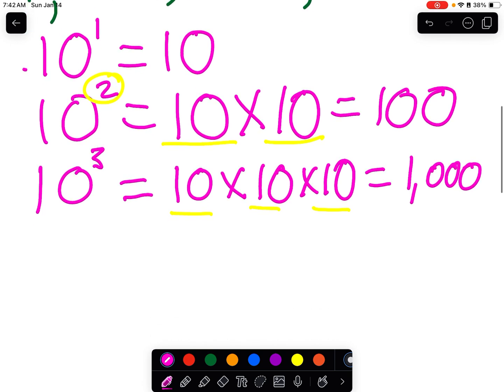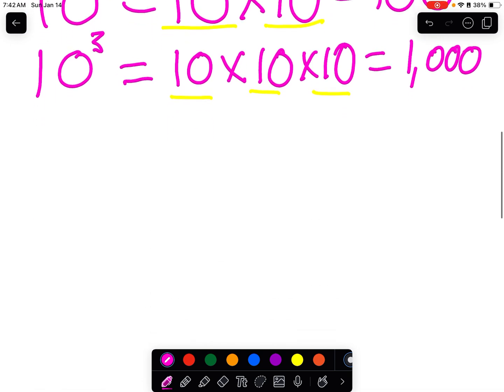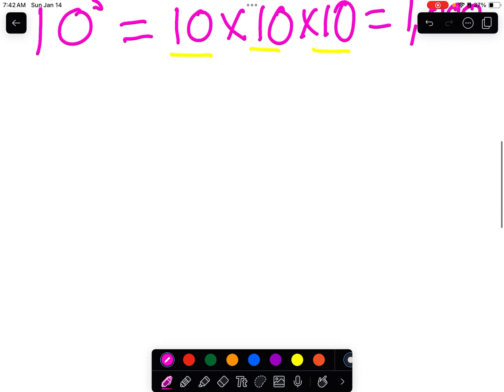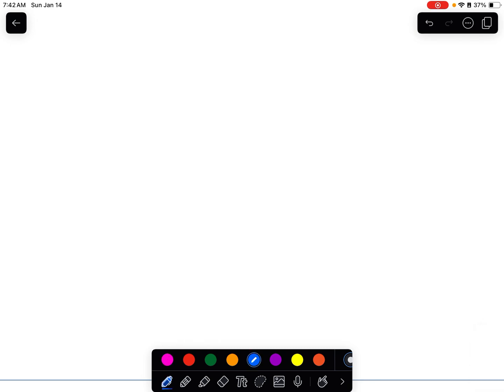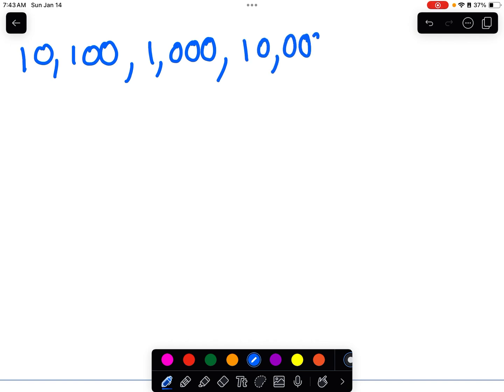Now, I don't want to go too deep into a lesson on exponents, but suffice it to say that when we are talking about dividing by powers of 10, what we're really talking about is dividing by numbers that start with a 1 and end in a 0, like all these numbers that I've written right now, and so on. So let's get to it.